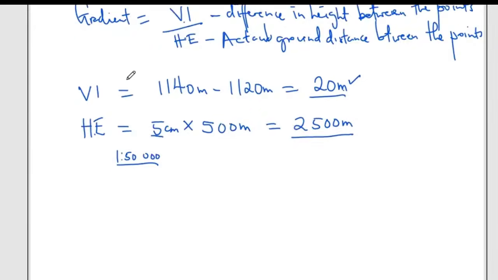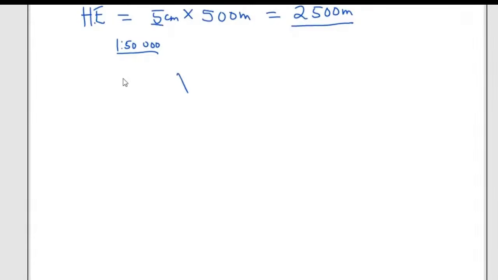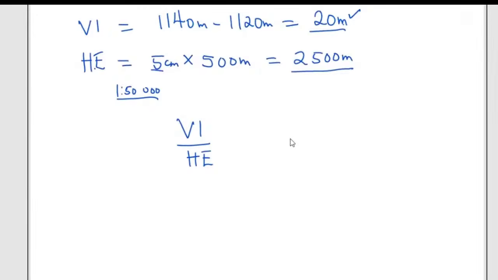So I now make my fraction because my formula is saying VI over HE. I now have my 2 figures. What is my VI? My VI, I got it there as 20 meters. And what is now my HE? My HE already again is there also in meters, which means I have simplified what I need to deal with because I now have the same units of measurement to use for the sake of making a fraction.